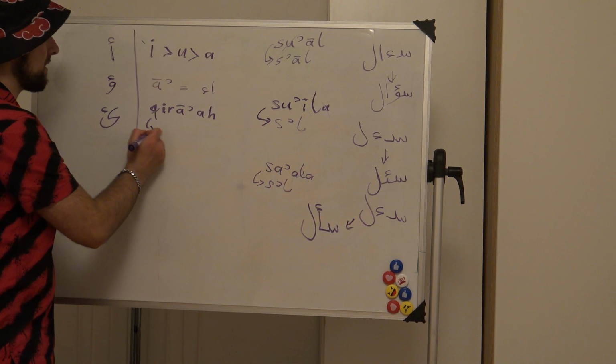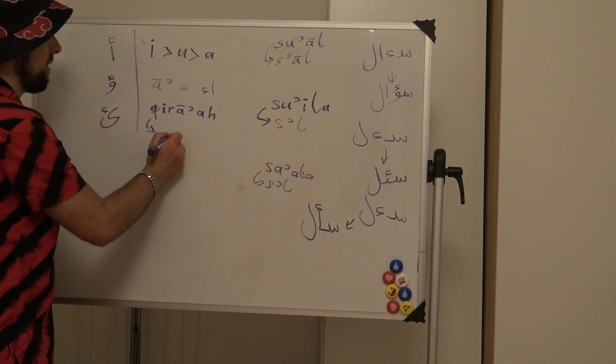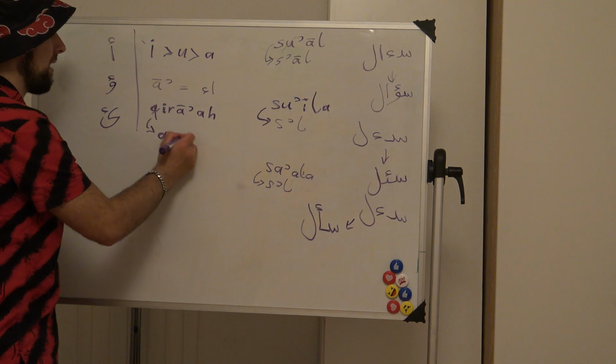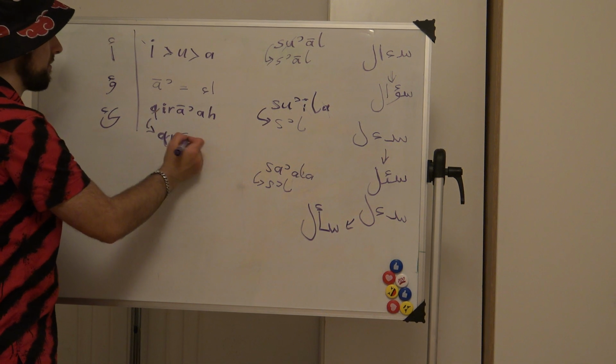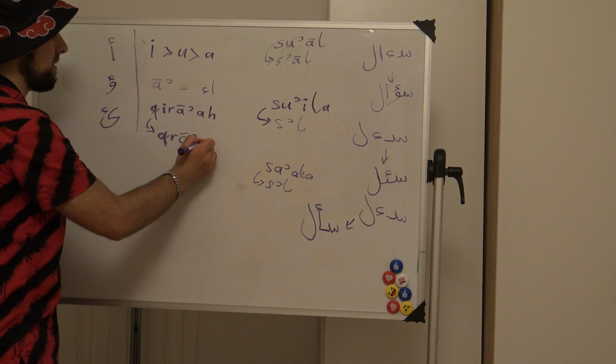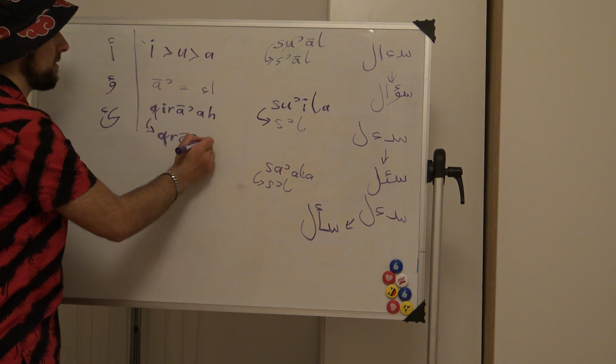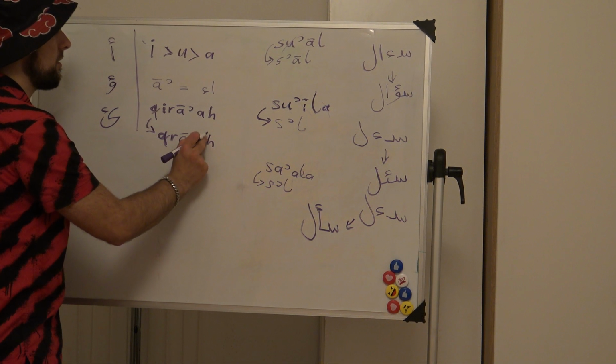Now let's cut it. The Q, then the R, and long A, of course always written, and the Hamza, and then short A, not written, and the Ha at the end.